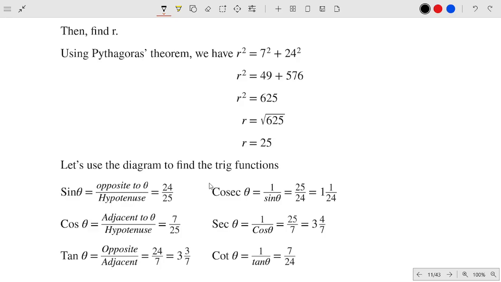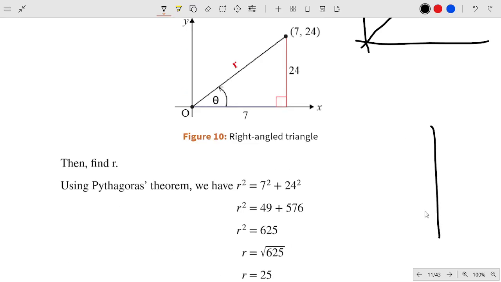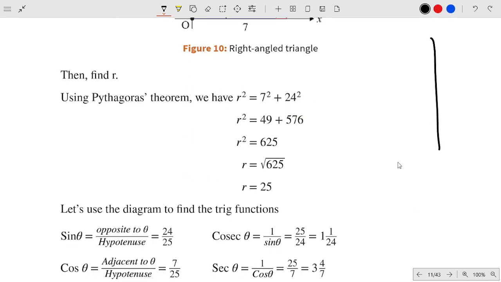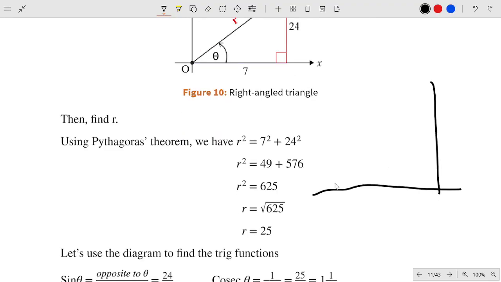So we start with sine. Let me bring the diagram here. It is in the form like this. We have 24 here. We have r, which is now 25.